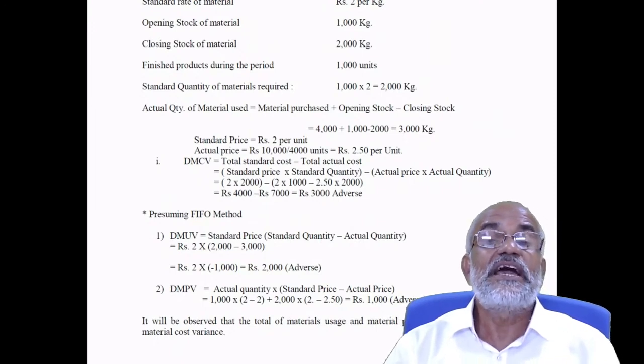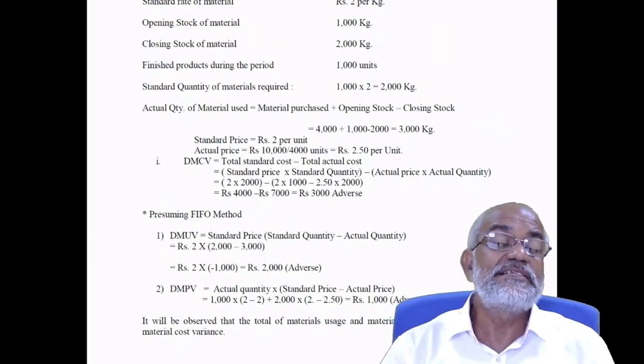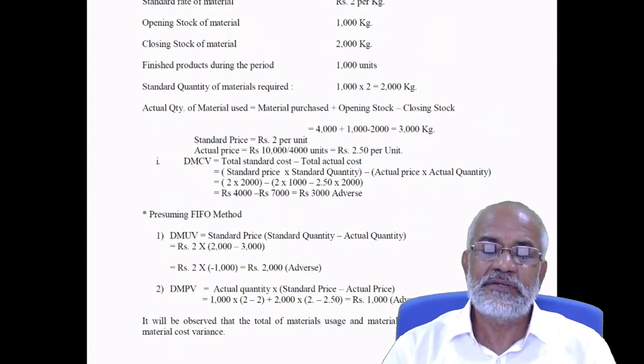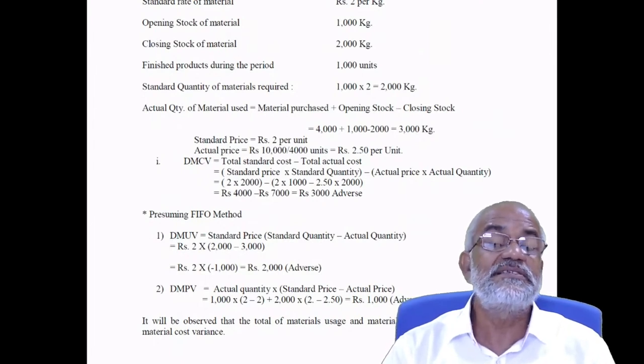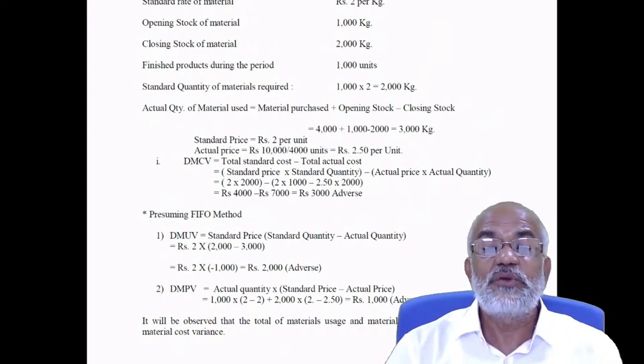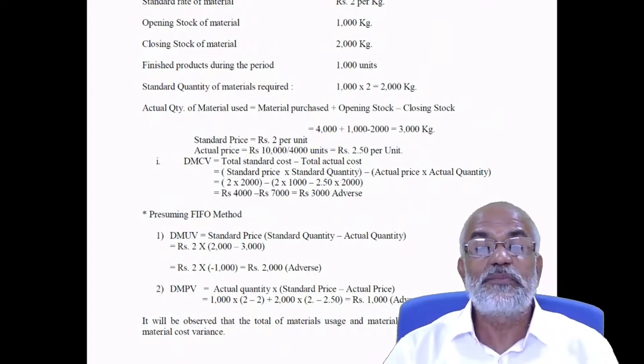Let us now calculate the direct material price variance, which is another component of the direct material cost variance, price and quantity. The quantity variance gives a result of 2,000 adverse, and the price variance is the actual quantity into standard price minus actual price.